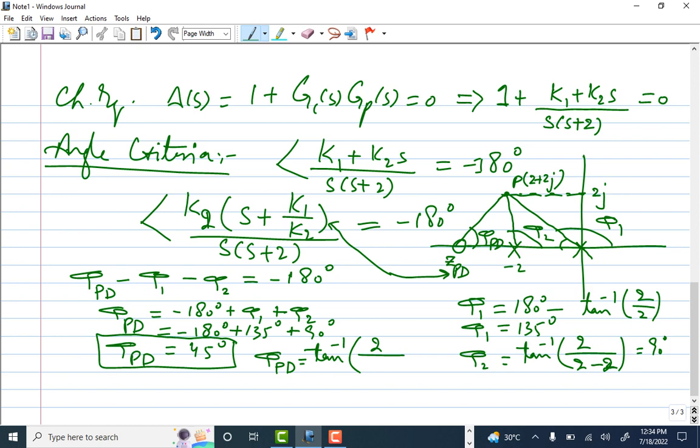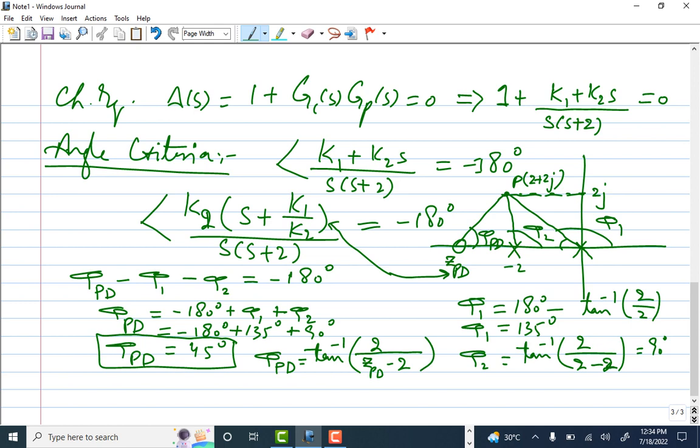Sorry, this is Z, not 2, because this is the one with the higher magnitude, so we have ZPD minus 2. So to solve this we get it.